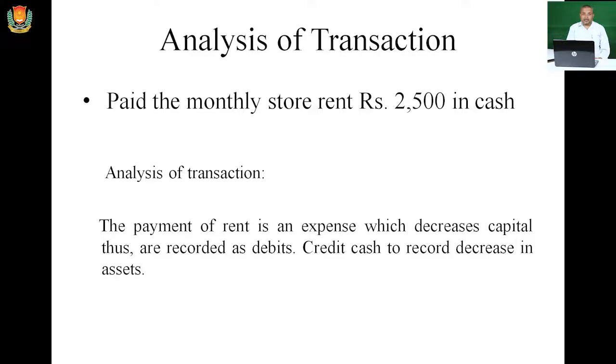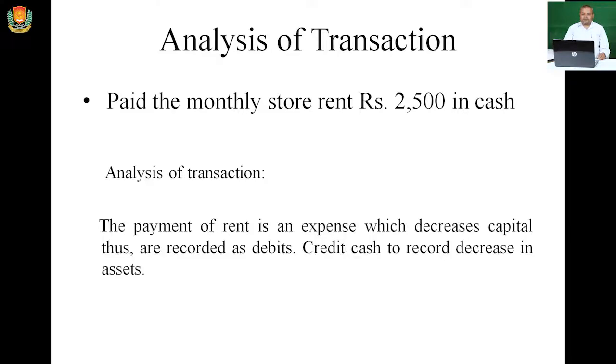And the second account is cash. Cash is an asset, so cash is a real account. Expenses are nominal accounts and all expenses are debited, so monthly rent will be debited. And the second account is a real account. The rule is debit what comes in and credit what goes out. So in paying rent, cash is going outside the business enterprise, so cash will be credited.